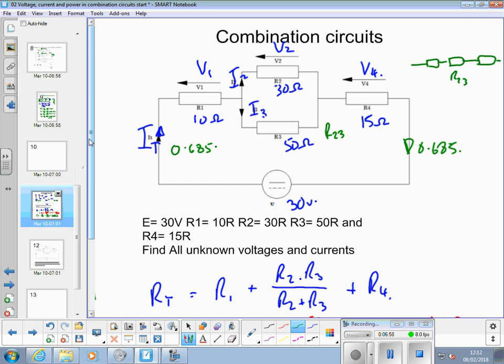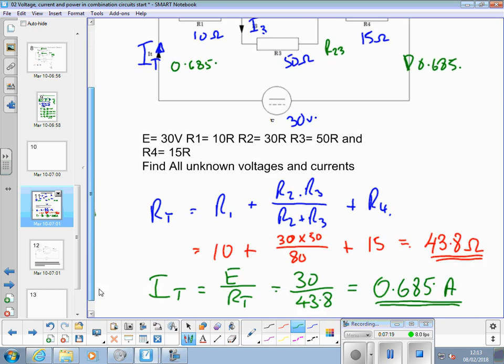What voltages can we find easily now? Remember, we've got to focus on one resistor. Find the volt drops.